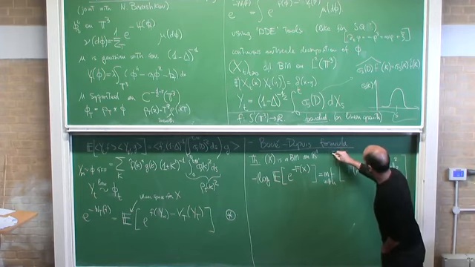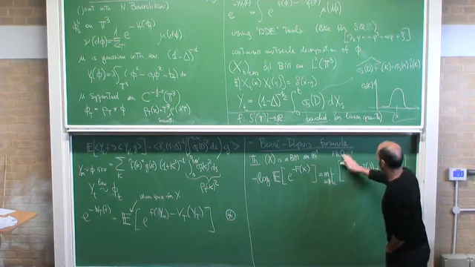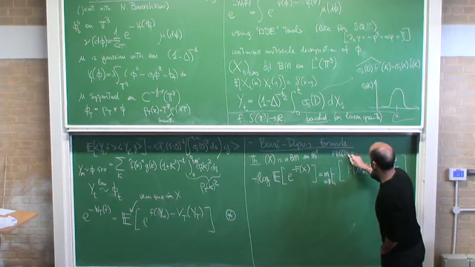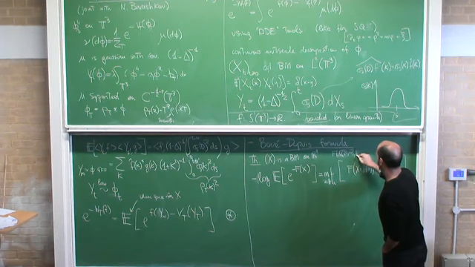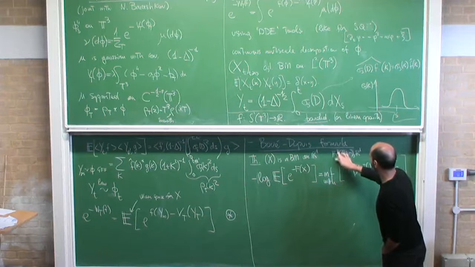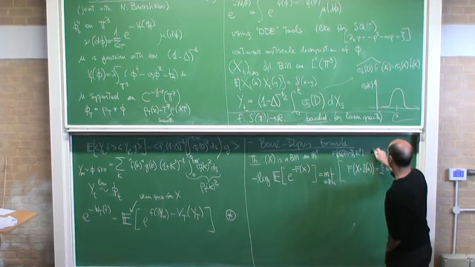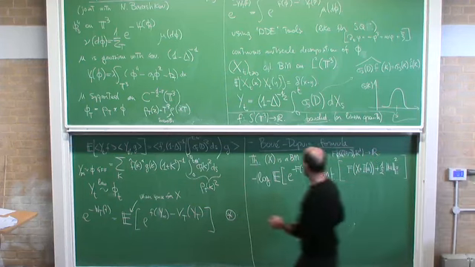And f is just a functional on the canonical space, say, of trajectories from 0 to infinity.